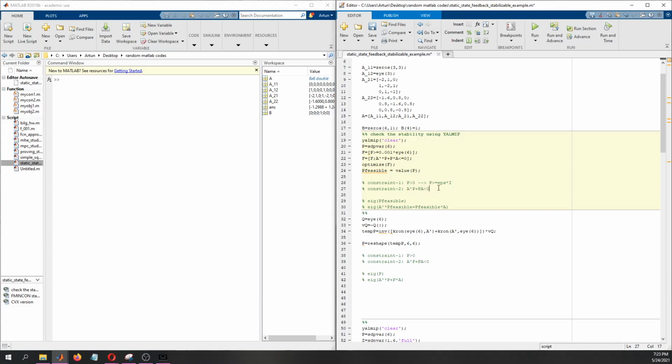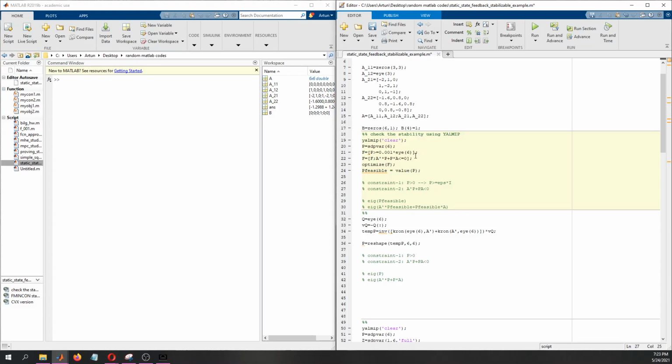And the second constraint is this: A transpose P plus PA is less than or equal to 0. You might be thinking, hey, why didn't we use just less than? It wouldn't be numerically stable. It wouldn't be kosher in this case. And you might be thinking, hey, maybe this is not negative definite, but we guarantee that P will be positive definite, and after that we will check that.